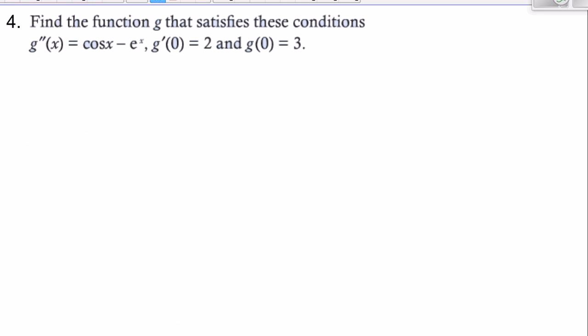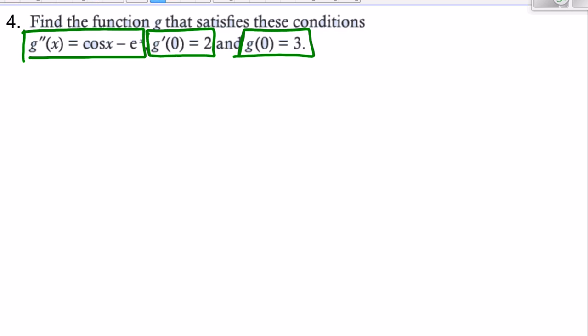Next question, the final question. Find the function g that satisfies these conditions. So we have the second derivative of this function, and we have these two conditions that you're going to work with. The value of the gradient function at x equals 0 is 2. The value of the original function at x equals 0 is 3.